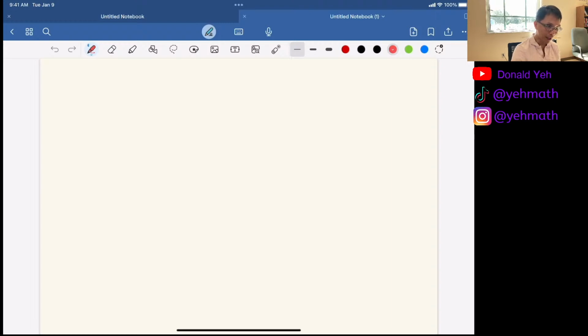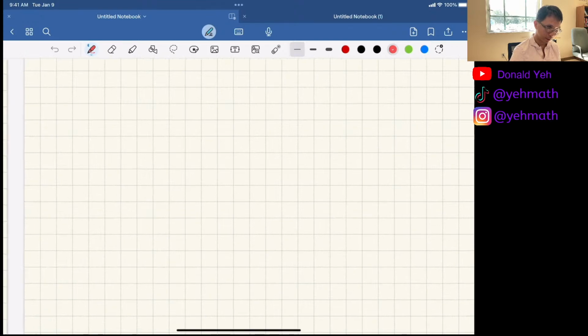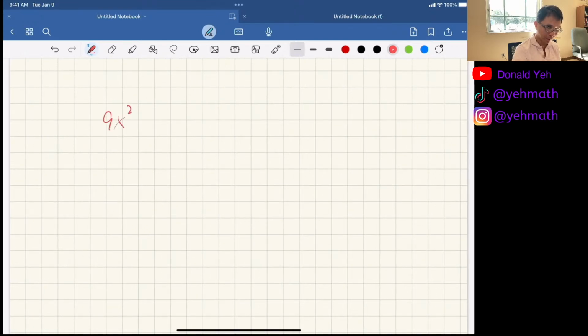Let's say I have something like 9x squared plus 66x plus 21. This looks very ugly. For this, you need a factoring skill for when the leading coefficient is greater than 1. Here's how I do it.